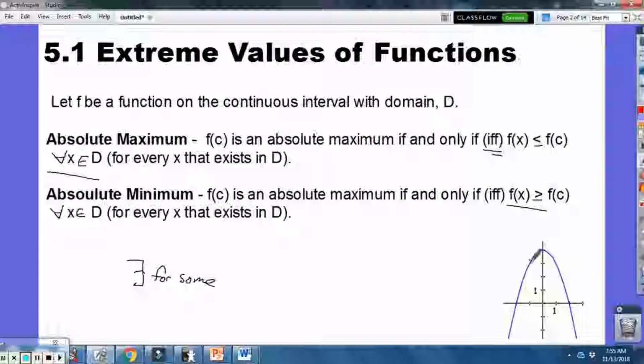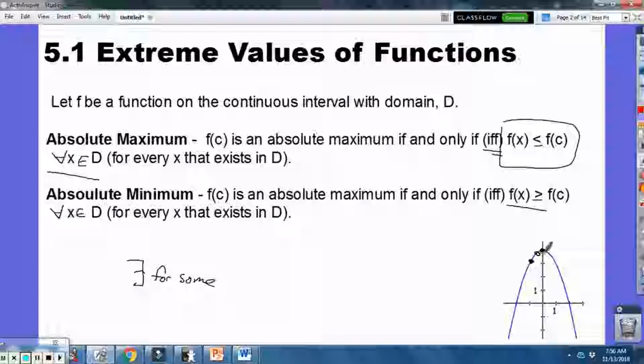The way that we're going to define the absolute maximum of this function is to say, let's check that point. Is that point greater than or equal to every other point? No, it's not. I have this point that I can check that's greater. Is that greater than every single point? No, I can check this point that's greater.